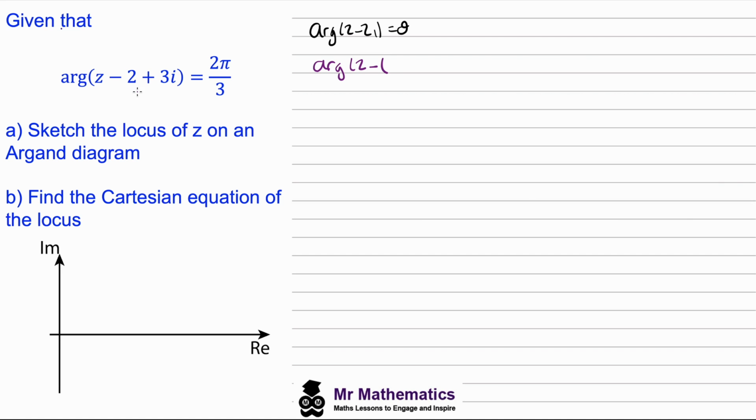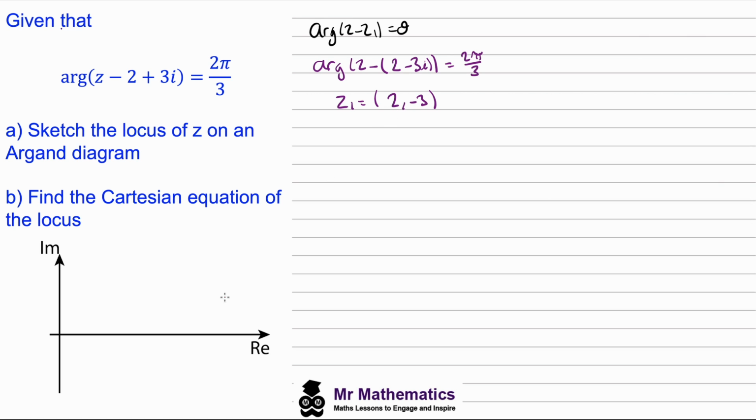We need a positive 2, because then this becomes a negative 2, and a negative 3i, because when you multiply this negative by this negative, we get this positive, and this will equal the argument of 2 pi over 3. So we can see then that z1 is located at the point 2, negative 3, where 2 is your real part and negative 3 is the imaginary part.